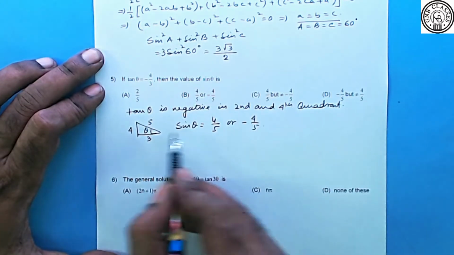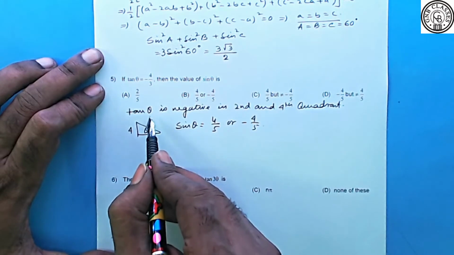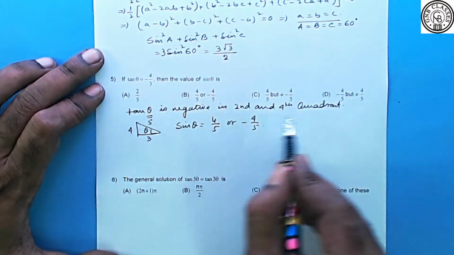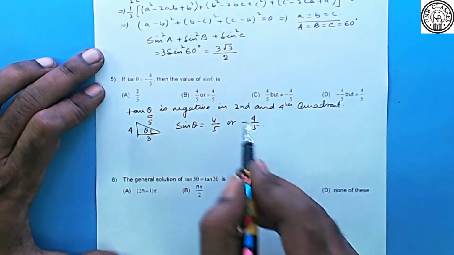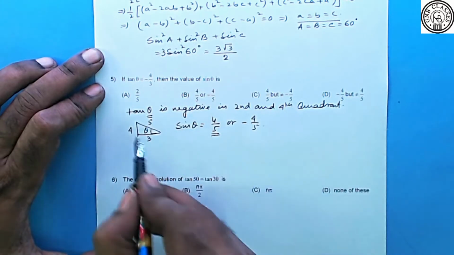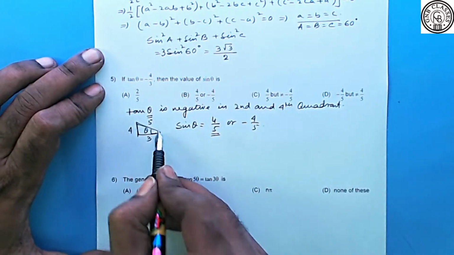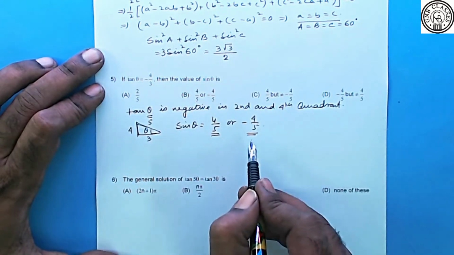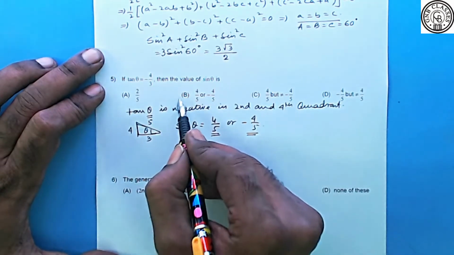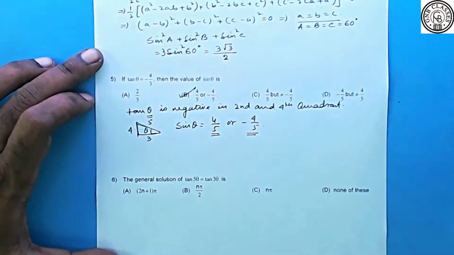Why? Because we don't know where this theta lies. It can lie in the second quadrant as well as in the fourth quadrant. So if it lies in the second quadrant, sine is positive, so it will be 4 by 5, perpendicular by hypotenuse. And if it is in the fourth quadrant, then it will be negative, so it will be minus 4 by 5. So option B is correct. Is it clear?